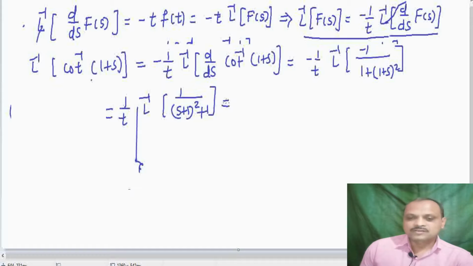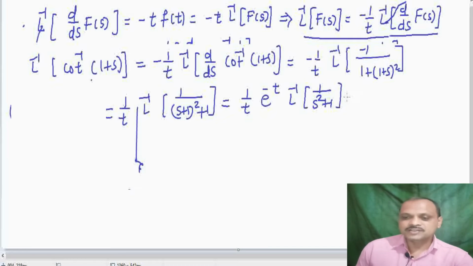Now we apply the first shifting property. This is 1 divided by t, e raised to minus t, and L inverse of 1 divided by a square plus 1. Again a square plus 1, a square plus a square is a standard form of sine at.